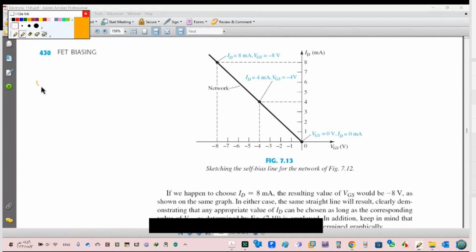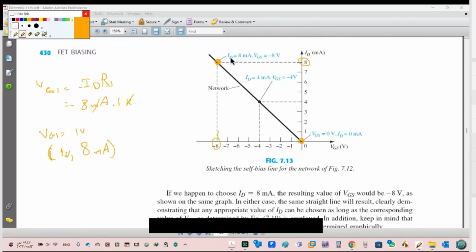So I have here VGS equal minus ID RS, minus 8 milliamperes times RS, for example 1 kilo ohm. So VGS equals minus 8 volts. So now I have a point. What is the point? VGS is minus 8 volts, comma 8 milliamperes. This is the point I need.